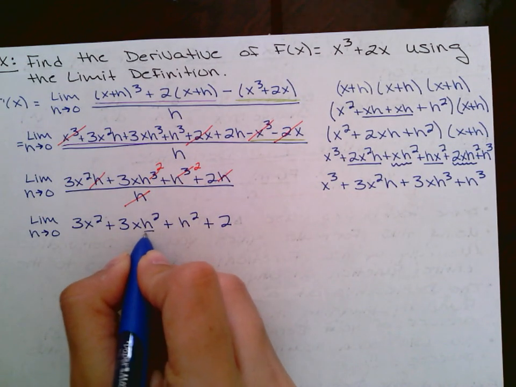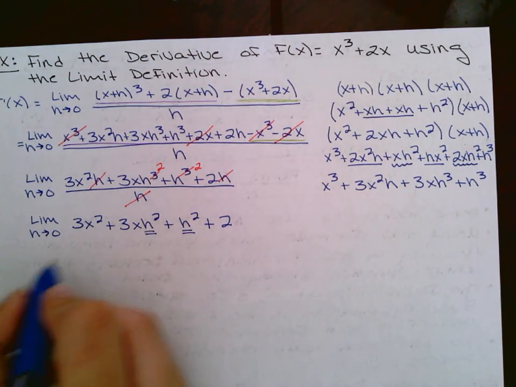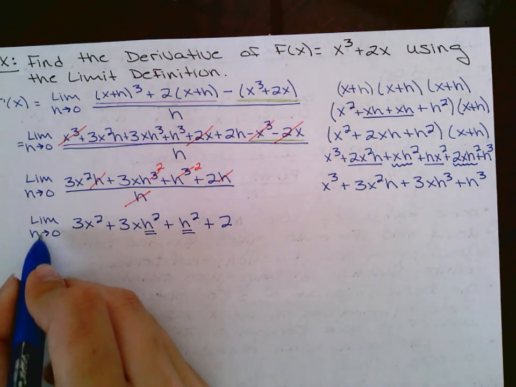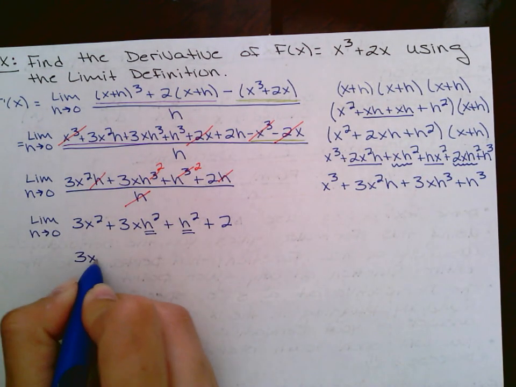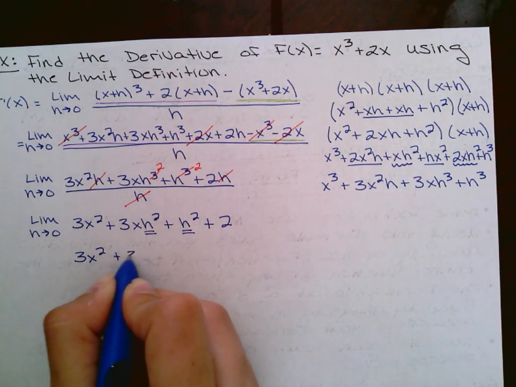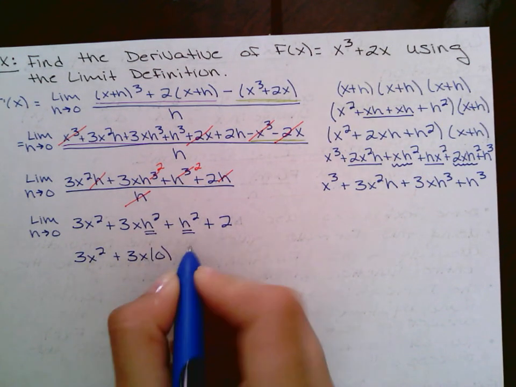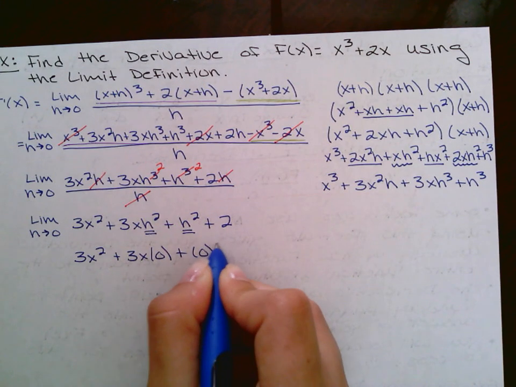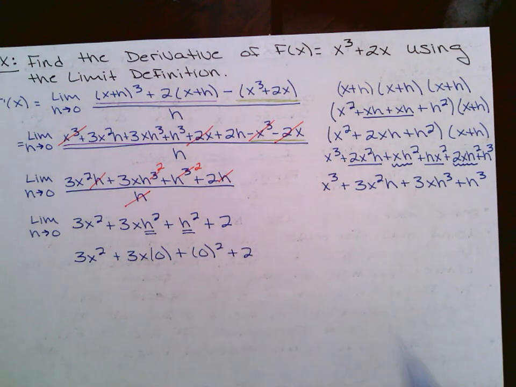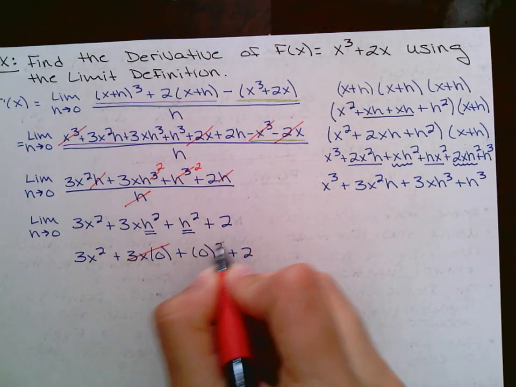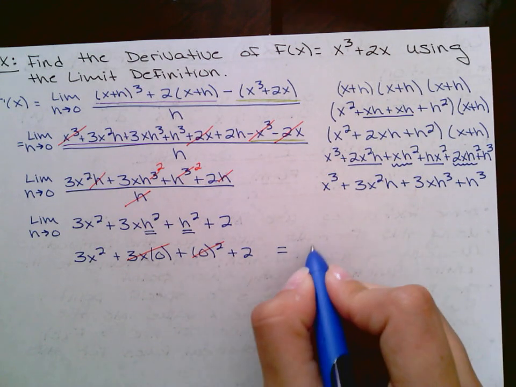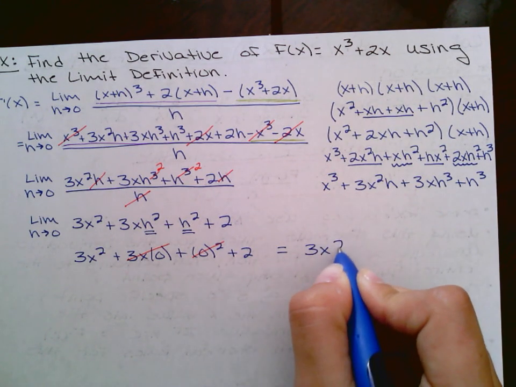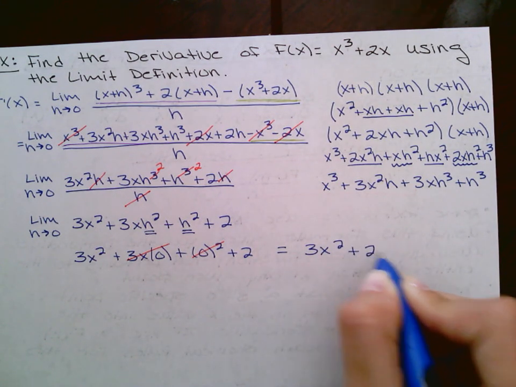So I'm plugging in a 0 here and a 0 here. So now that I'm plugging in the limit, I do not have to write this part anymore. So I can say 3x squared plus 3x times 0 plus 0 squared plus 2. A good rule of thumb is to realize that any term that has an h is going to get canceled out. Okay? So my answer to this is 3x squared plus 2.